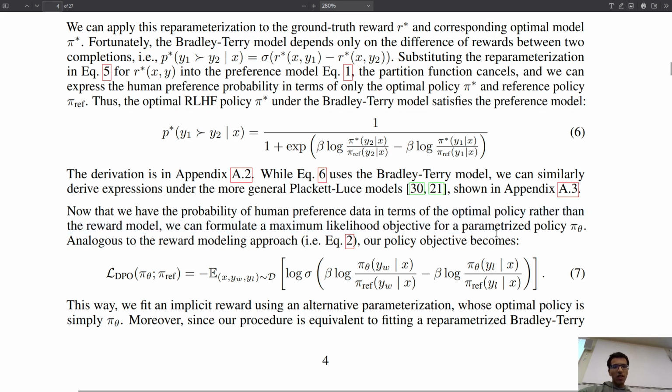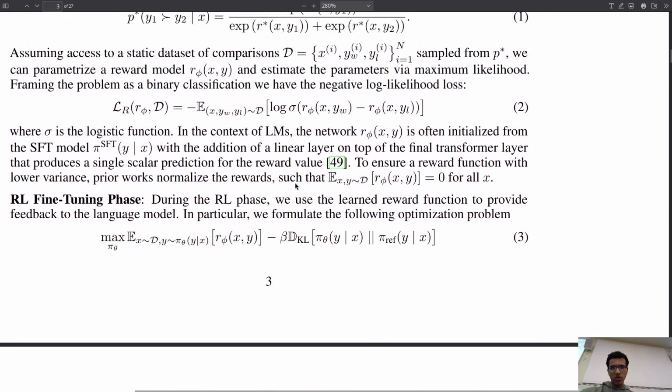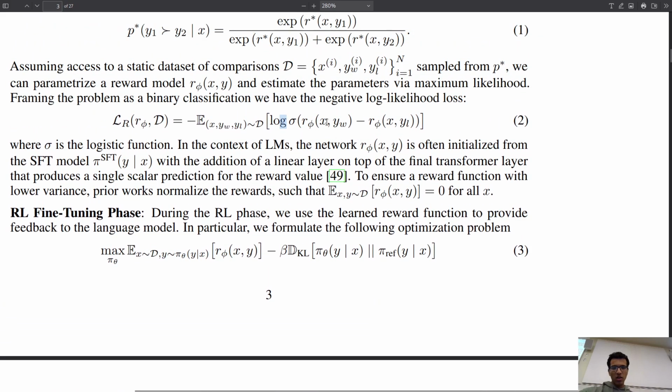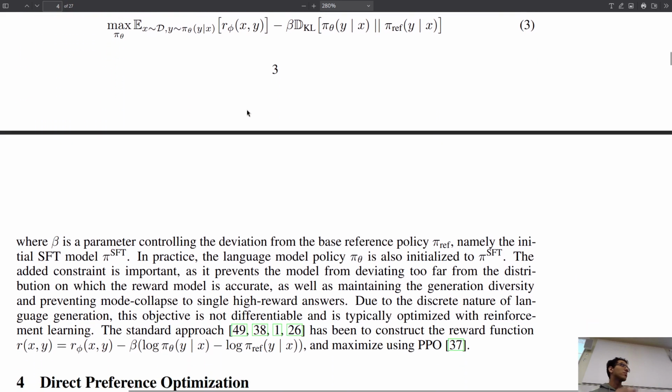So we formulate the objective analogous to the reward modeling objective in equation 2, which is the log of reward of the winner minus the reward of the loser. So it basically considers the reward function as pi theta over pi ref for the winner and for the loser, and that is what they plug in to get the final thing.